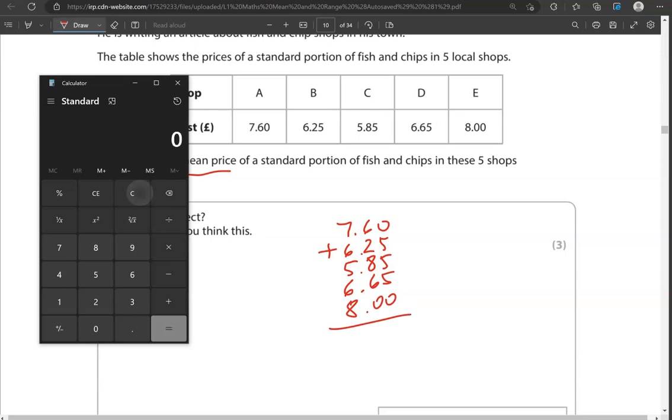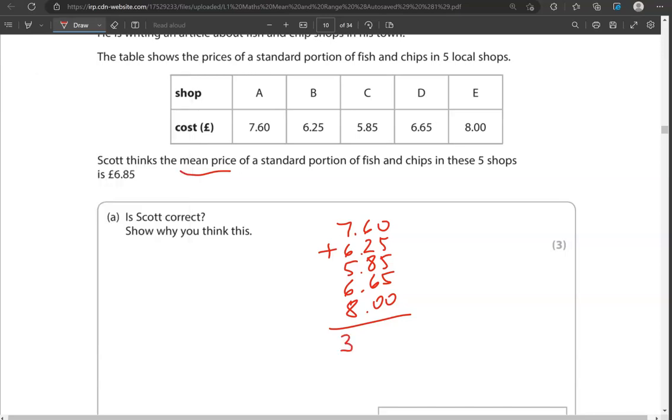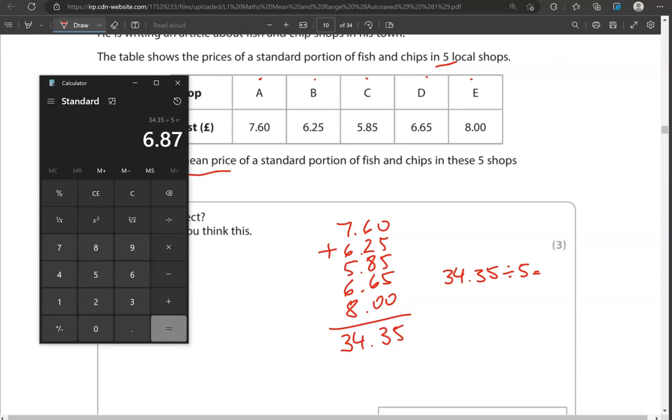So adding all of these together, gives us £34.35. Which we're going to divide by 1, 2, 3, 4, 5. And that is £6.87.